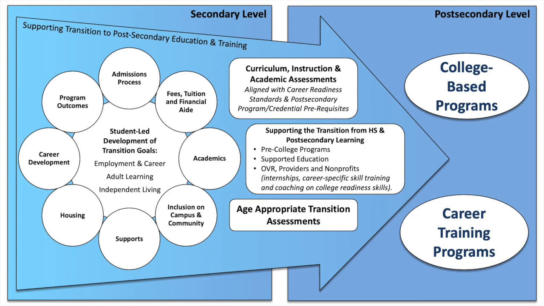Taking an evidence-based approach to supporting young people in their transition from high school to post-secondary education and training begins in high school with youth, families, and stakeholders working together to identify post-secondary goals for employment, adult learning, and independent living. We know that these goals are strongly reliant on one another, given that education influences an individual's future career options, which then further influences their independent living goals.